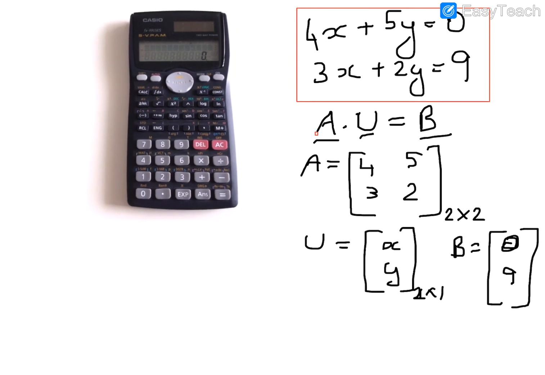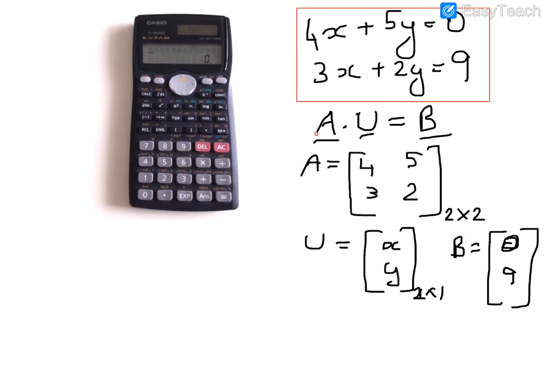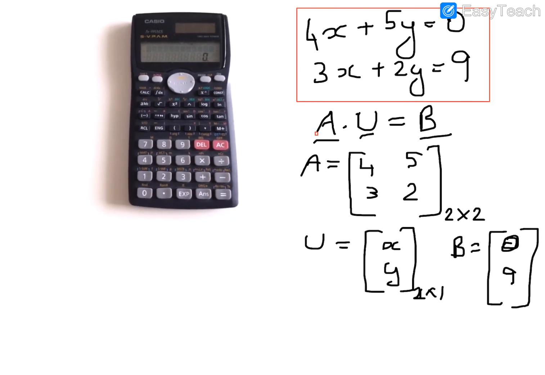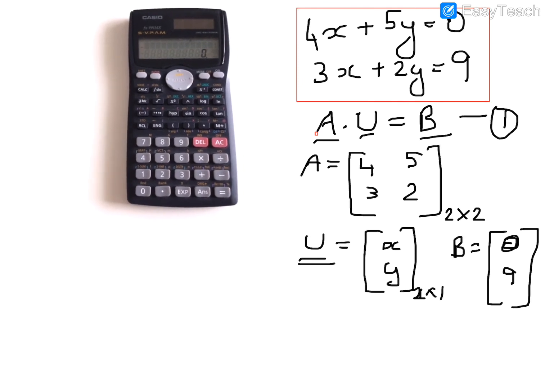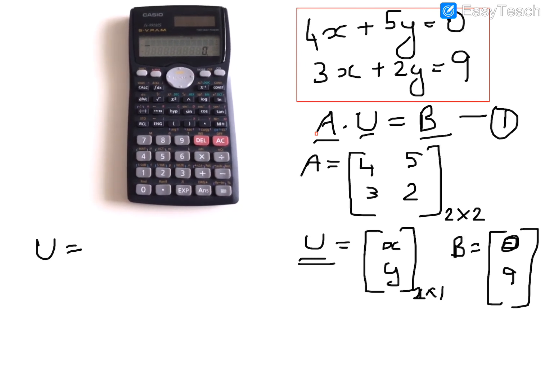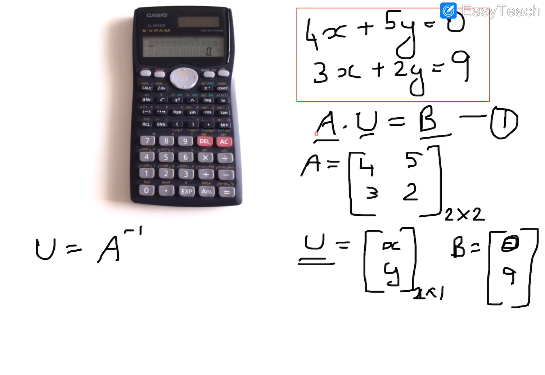Okay, so now we are going to solve for this. Here we want the value of the unknowns, which is the value of the U matrix. So the way we can find that out is, if you just consider this equation, the value of U matrix is the inverse of A matrix times the B matrix.